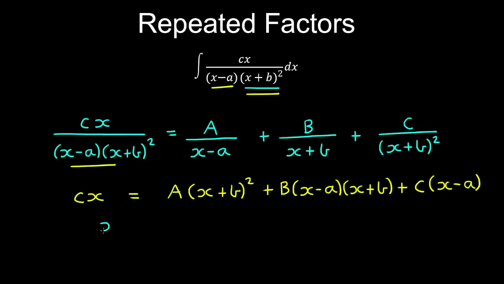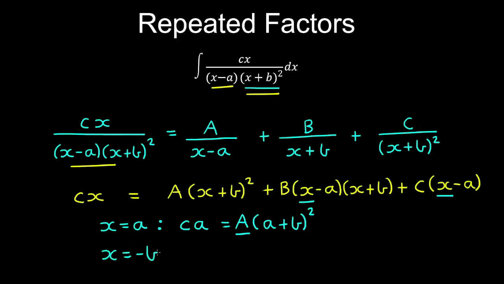Now if we set x is equal to a, well, this term disappears and so does this term. So what we're left with is ca is equal to a by a plus b squared. And then we can solve for the constant a. And if we set x equal to minus b, well, on the left hand side we get minus cb.